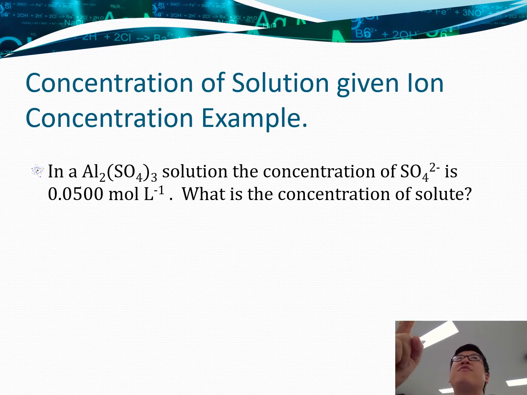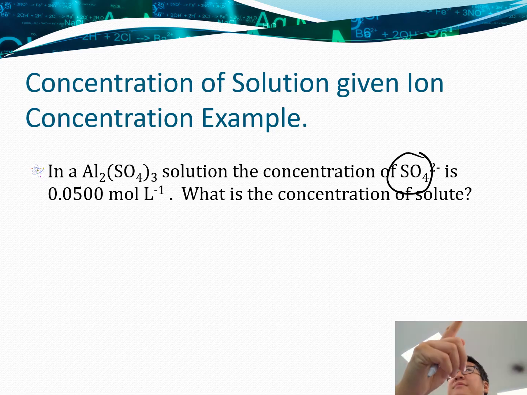Because we're looking from the sulfate, and we want to know the concentration of the aluminium sulfate, we divide by 3. Because for every aluminium sulfate, there are 3 sulfates.